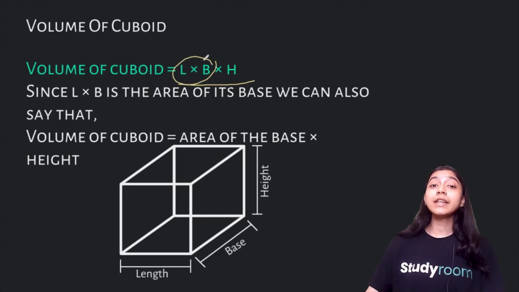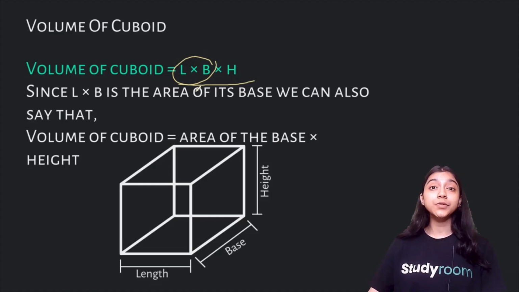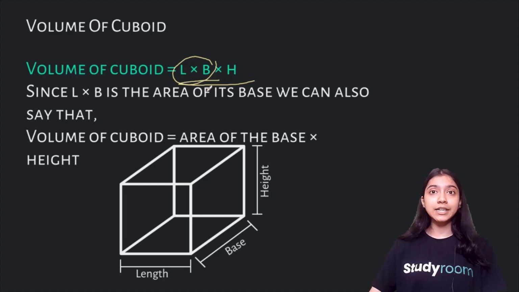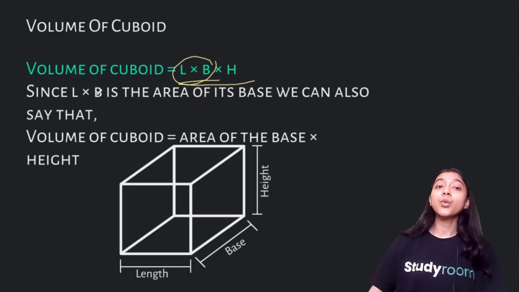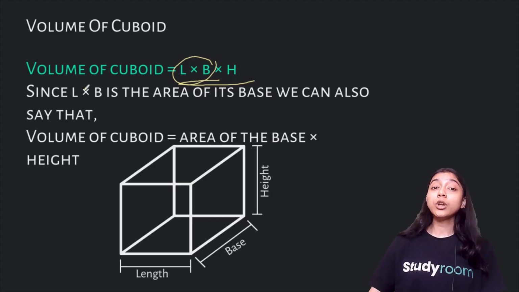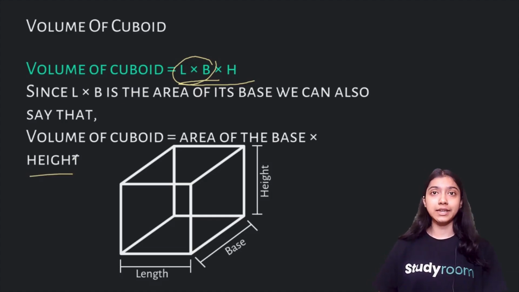So this length into breadth can also be written as the area of the base of the cuboid, because we know that the base of the cuboid is rectangular in shape. So ultimately, volume of a cuboid can be represented in a different way, that is, volume of a cuboid is the area of the base multiplied with the height.